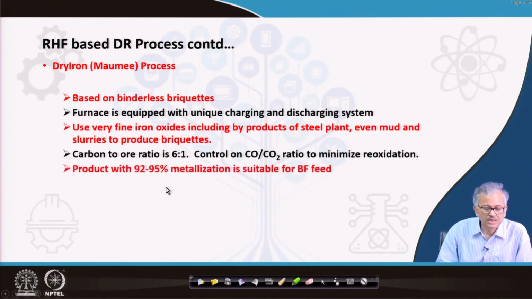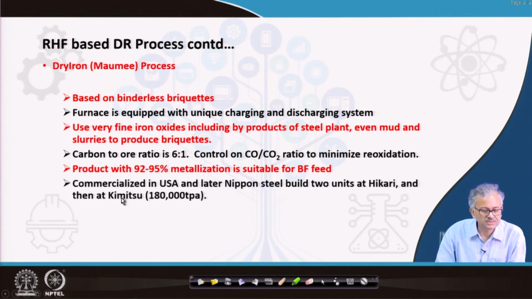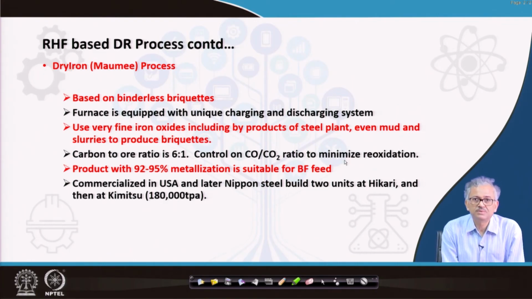Product with 92 to 95% metallization is suitable for blast furnace feed. That is the metallization. They are basically charging it to the blast furnace as feed. You see that the metallization is 90 to 95%, but since it is going to the blast furnace, that means the total iron is not very high, maybe. Because of the waste material they are using, the total iron or the grade of the sponge may not be very high.